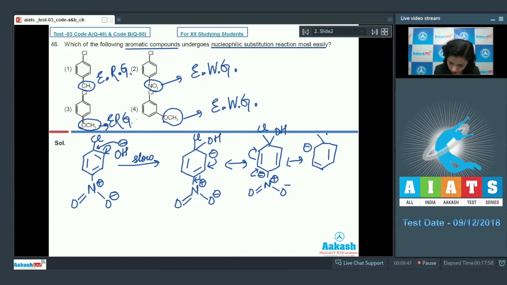Further, the nitro group present at the para position also increases the resonating structures. This would be, and further we can also draw here the hybrid for this species.